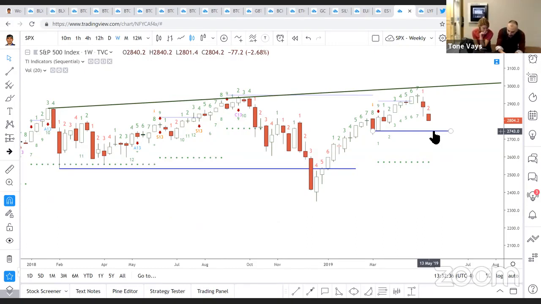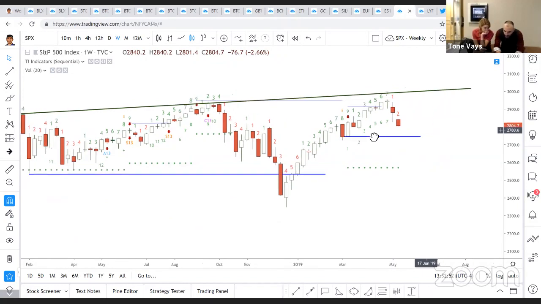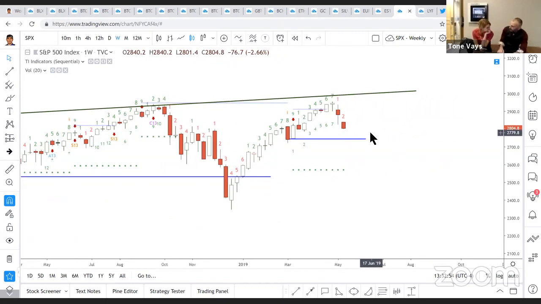I've been saying all year, I did not expect us to break 3,000 this year. I expected us to break 3,000 next year, but I also expect this low to hold this year as well. So I'm expecting a bit of a neutral year as it goes into the 2020 election. And then we'll see what happens to Lyft.